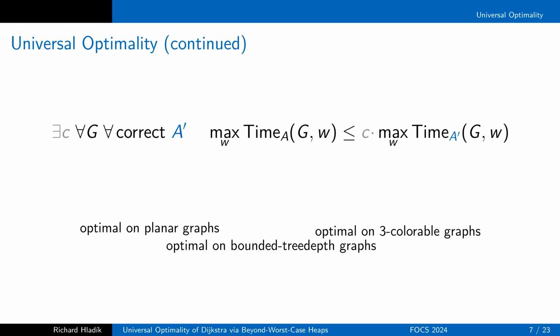Because if I have a universally optimal algorithm, by definition, it's also optimal on planar graphs, it's optimal on bounded tree-depth graphs, and in general, it's optimal on any class of graphs that you give me. Okay, so that's universal optimality. To sum up, an algorithm is universally optimal if on every graph G, it's worst case optimal with respect to the weights.